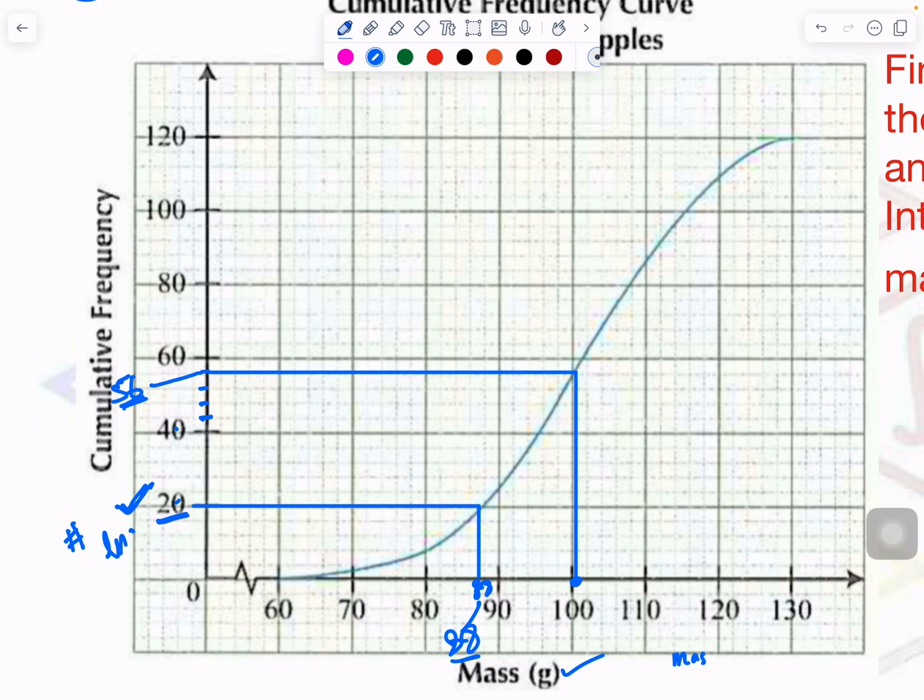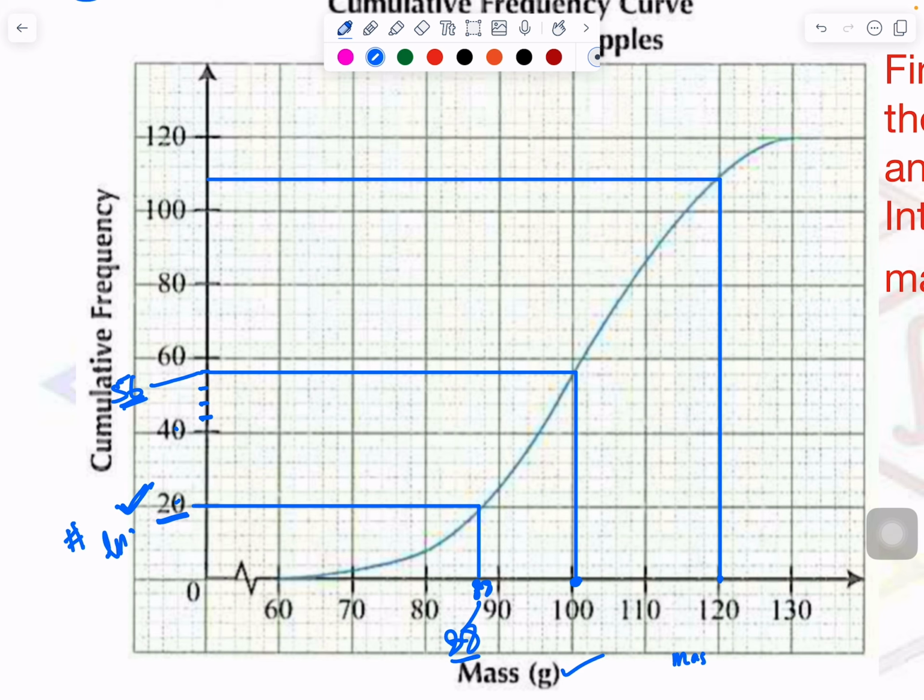Now what about if somebody says more? Right now I'm using the words less than. Suppose I ask how many apples have mass less than 120 gram? I will go at 120 because 120 gram is given to you, go up all the way here, and then read from here.